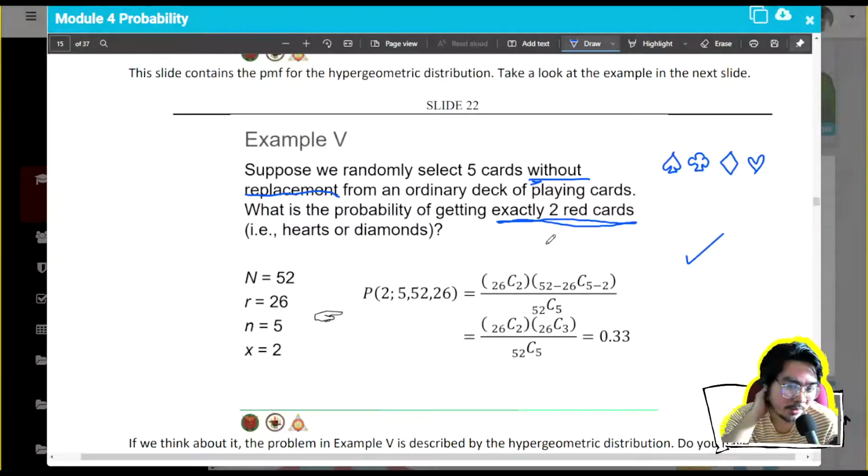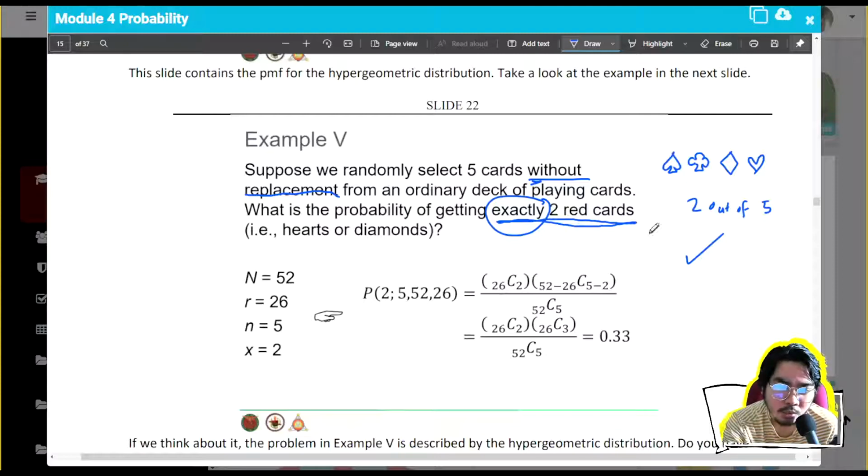So, class, the language is important here. For example, exactly 2 out of the 5 cards is different from, for example, asking for the probability of getting at least 2 cards.